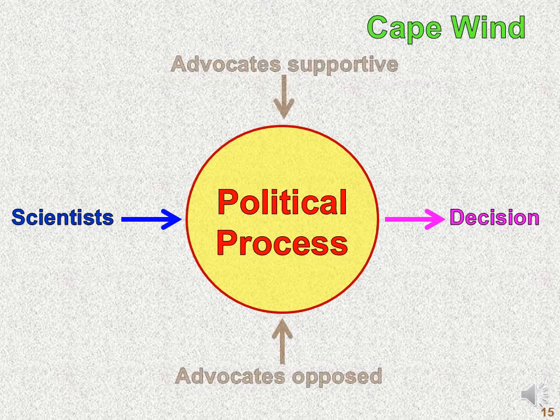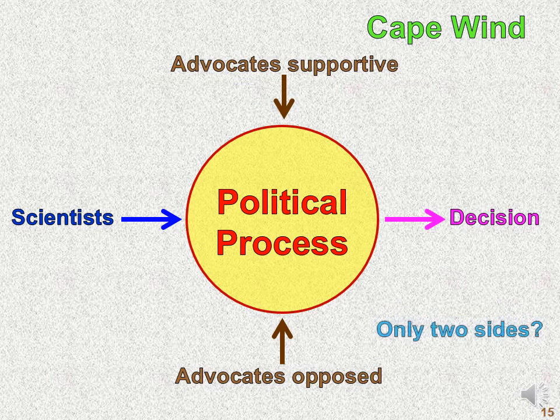Well, let's use the Cape Wind Project as a case study. Sure, when we look at the diagram across the center here, scientists producing information to the political process and out pops a decision, that part is by definition always going to be there. But we all recognize that on a project like the proposed Cape Wind project, there were in fact supporters, pretty active supporters, and there were opponents who said, forget it, no way.